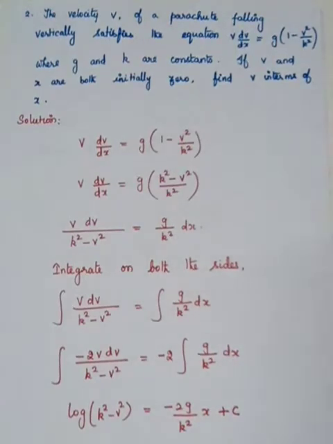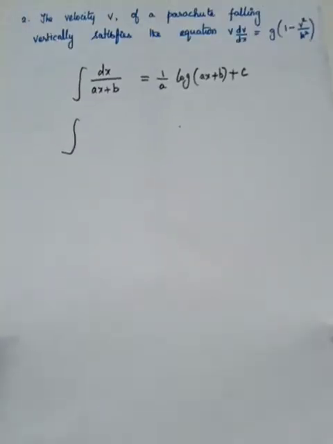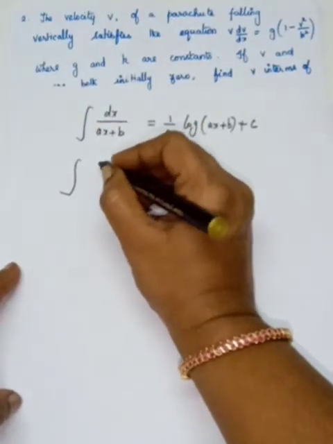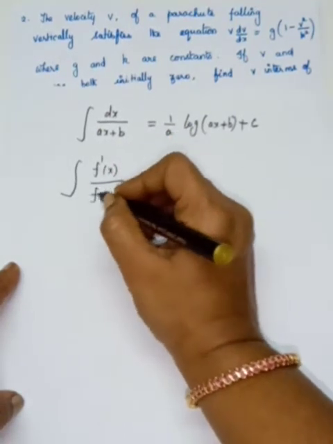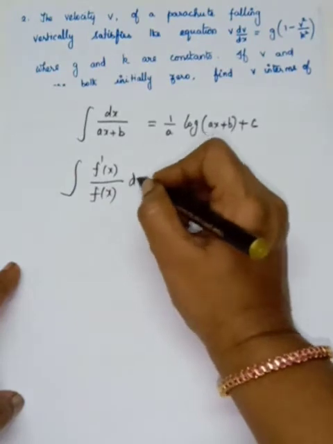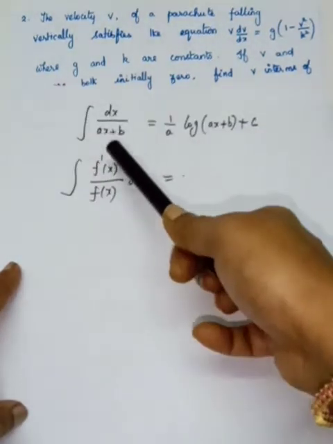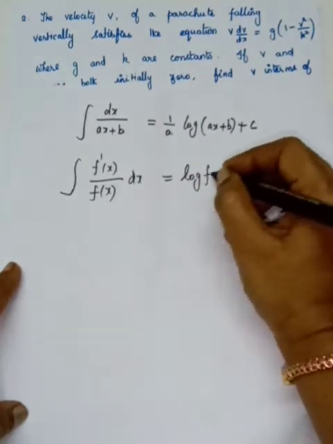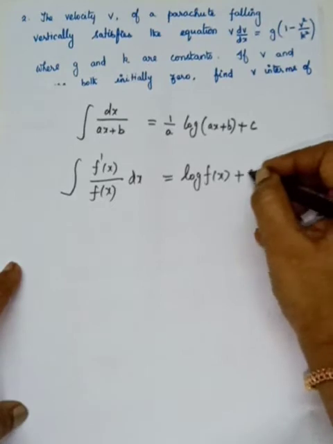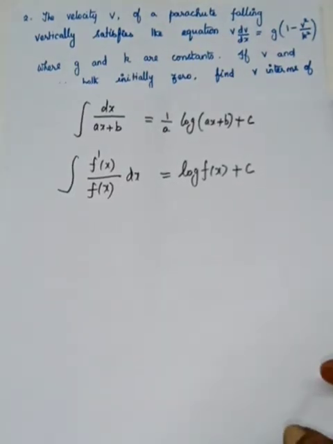We have the formula, which you have already studied in 11th standard: integral of f dash of x by f of x dx. Okay, so the function is in the denominator, whose differentiation is in the numerator, means you can write the answer as log of f of x plus c. So that is what we are going to do.